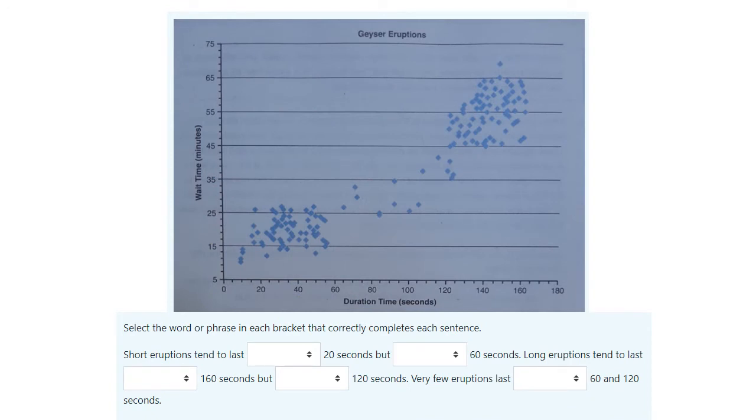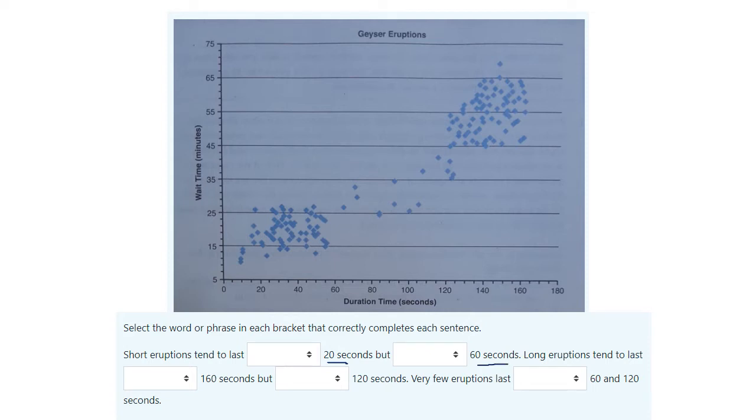Next, select the word or phrase in each bracket that correctly completes each sentence. Short eruptions tended to last. Now the options are less than, between, more than, or as long as. So 20 seconds, but, and then we have less than, between, more than, and as long as.